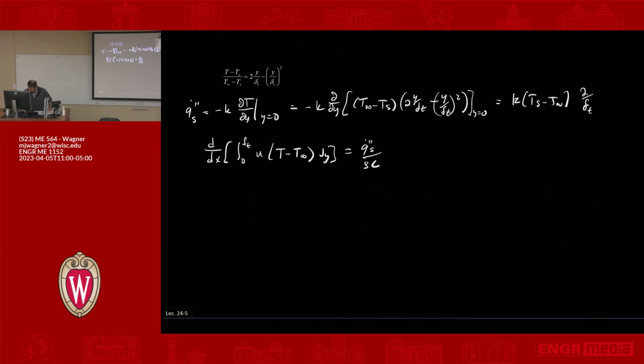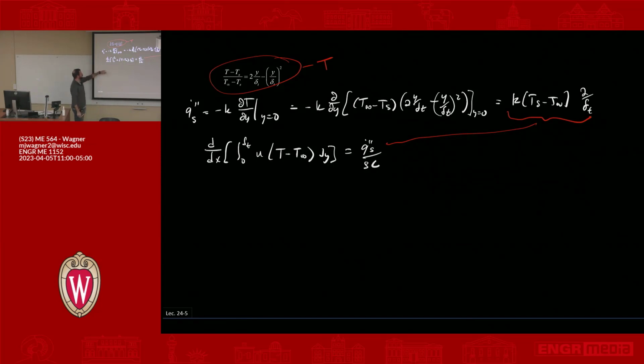So let's see, we have this thing over here, the thing we just solved for. That's q dot double prime s. Our temperature solution up here gives us our temperature, or we can solve for temperature there. So then we just substitute all that stuff in.